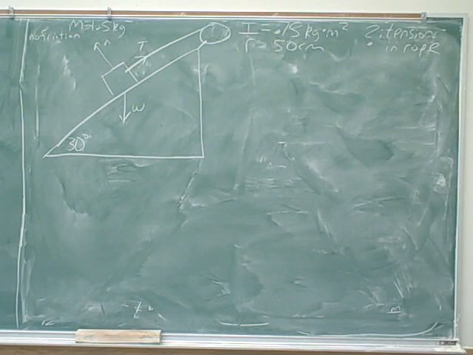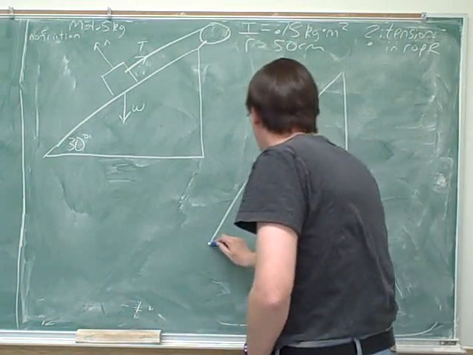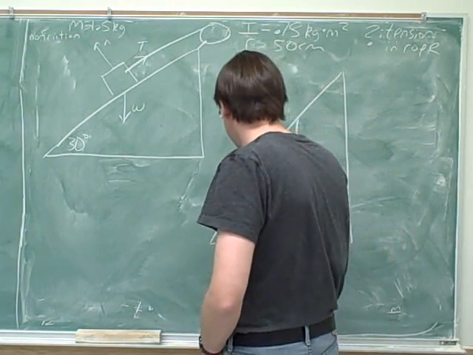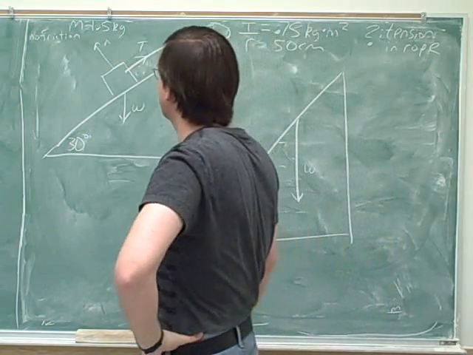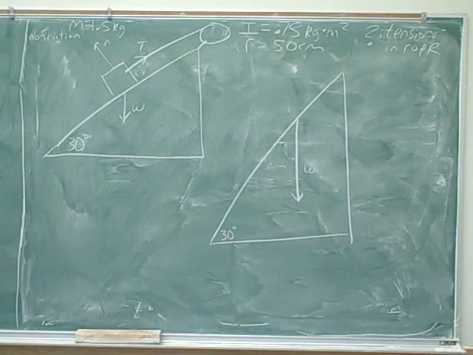It's probably best to draw a whole new picture to do that, because you can see we're already running out of space there. One thing we can do is calculate the overall weight.